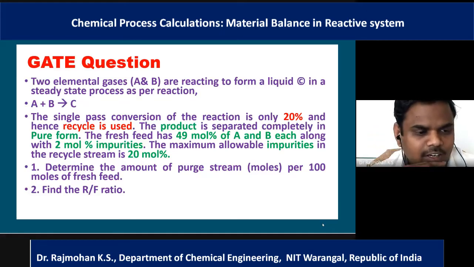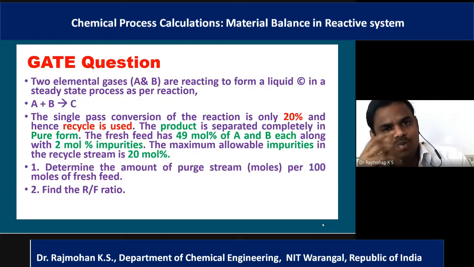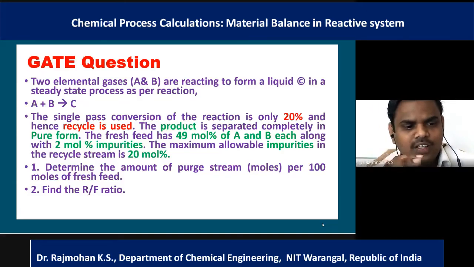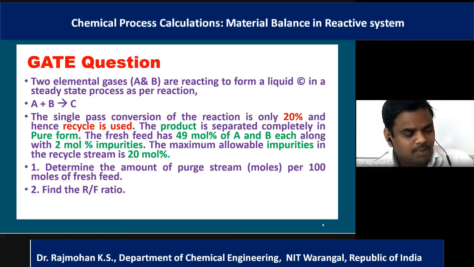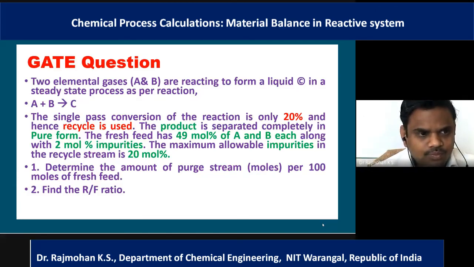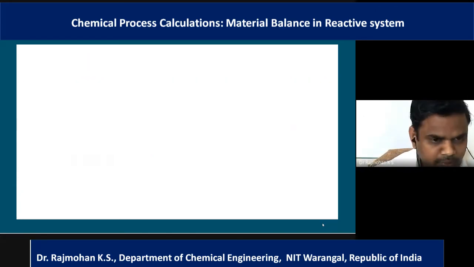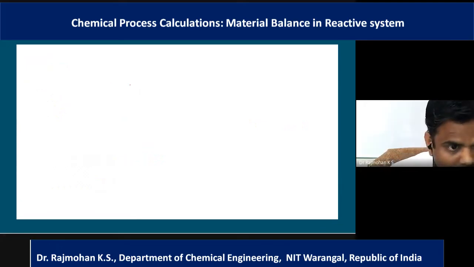The second part is to find the R by F ratio. Once we find the amount of R, we can divide by feed. Feed we are going to take as the basis. That way this problem can be solved. So first we should make a diagram. We have a feed stream.